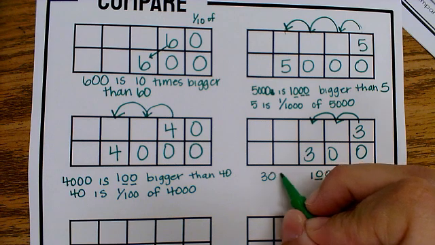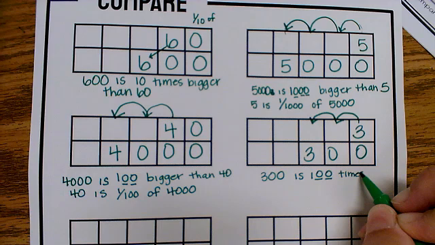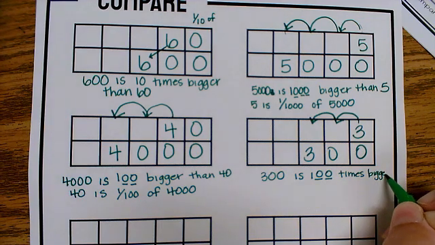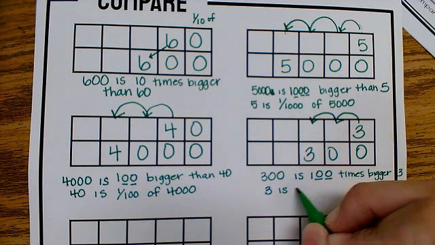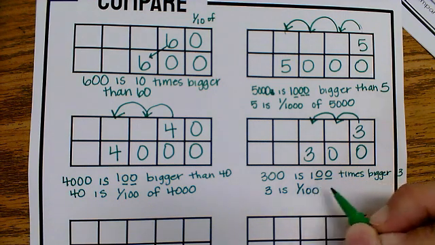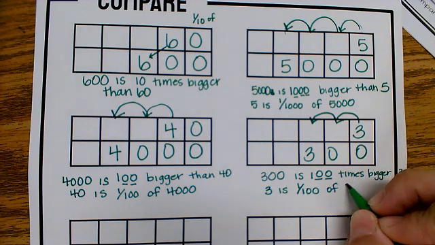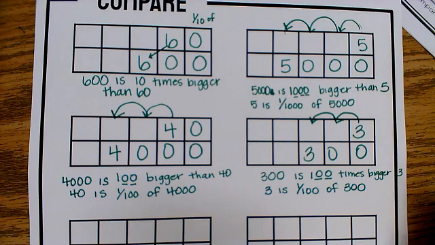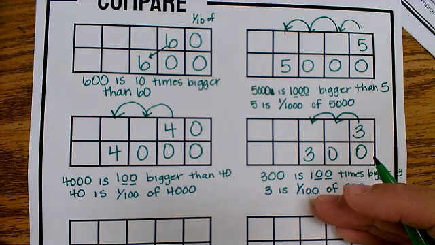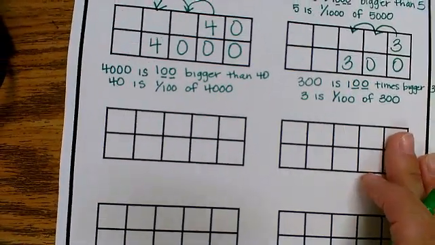So 300 is 100 times bigger than 3, and 3 is 1/100th of 300, so it's 100 times smaller. And you could write 3 is 100 times smaller than 300, and that would still be acceptable. But again, the number of shifts tells me the number of zeros that need to take place.